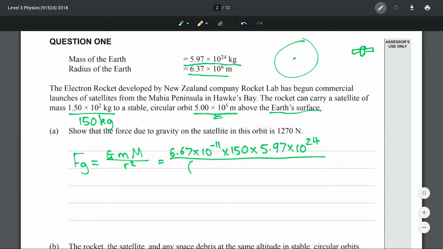In our gravity equation, our radius is from the center of masses, and so we need to account for the radius of the Earth plus the distance that the satellite is above the surface. And that indeed gives me 1,270 newtons to 3 significant figures.